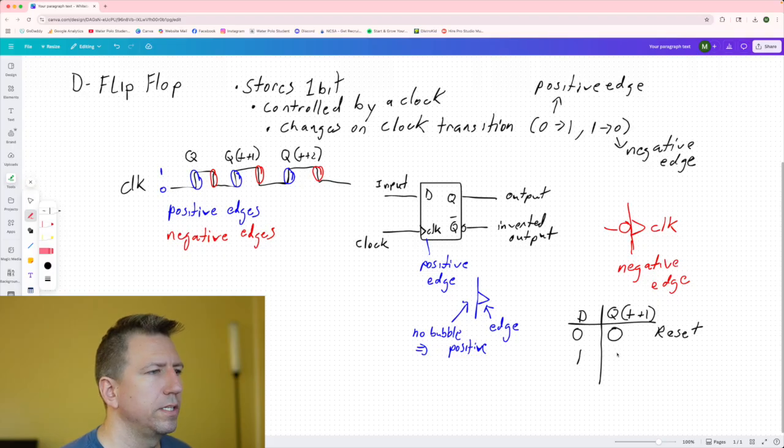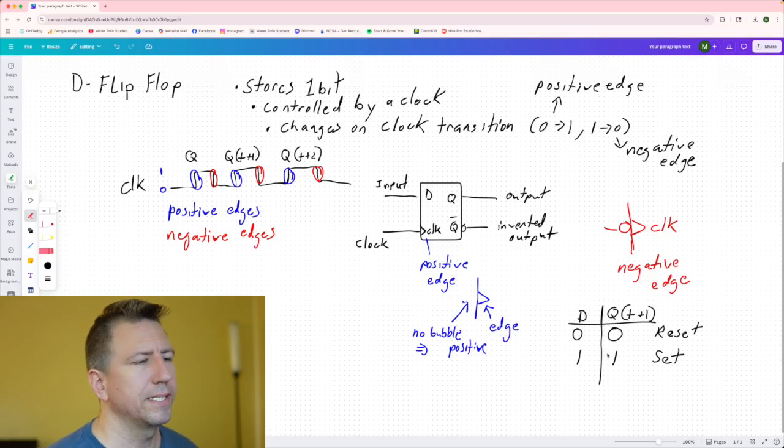And if I have a 1, then the output is a 1, and we call this a set. So this is what we mean by it being a transparent flip-flop: the output is simply going to be the input. If it's a 0, we reset the value to 0, and if it's a 1, we set the value to 1. And that's the functionality, the behavior of the D flip-flop.